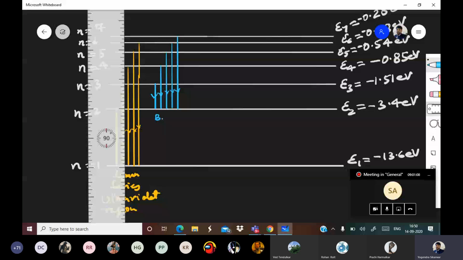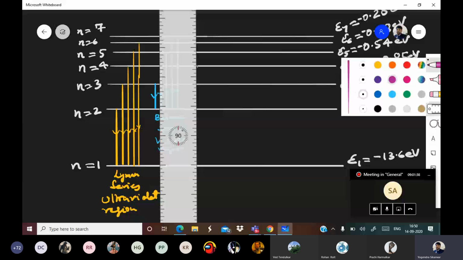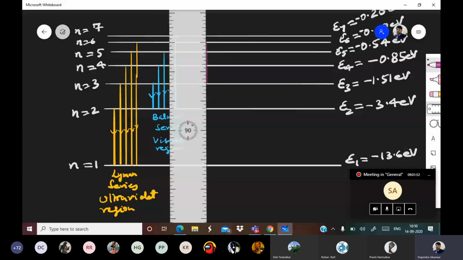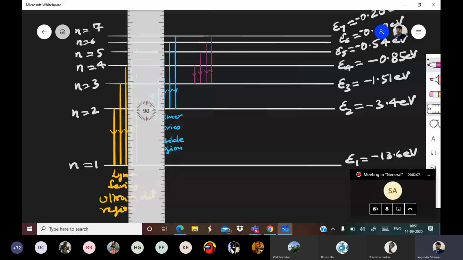All right. Now further. When an electron transits from n is equal to 4, 5, 6, 7 to n is equal to 3, then the said photon is in the Paschen series, and this is in the infrared region.